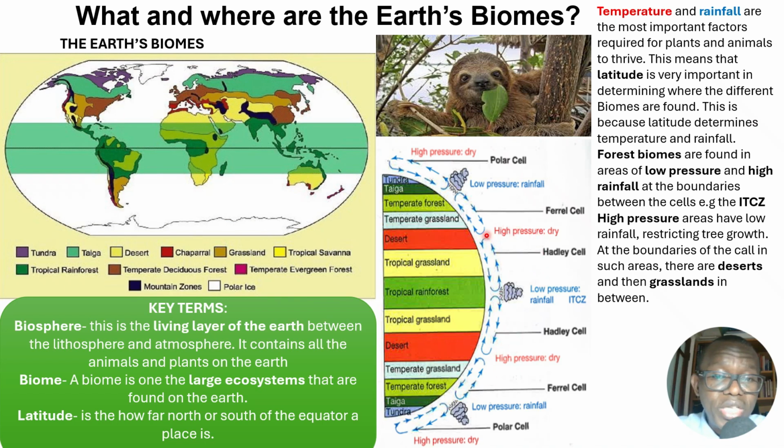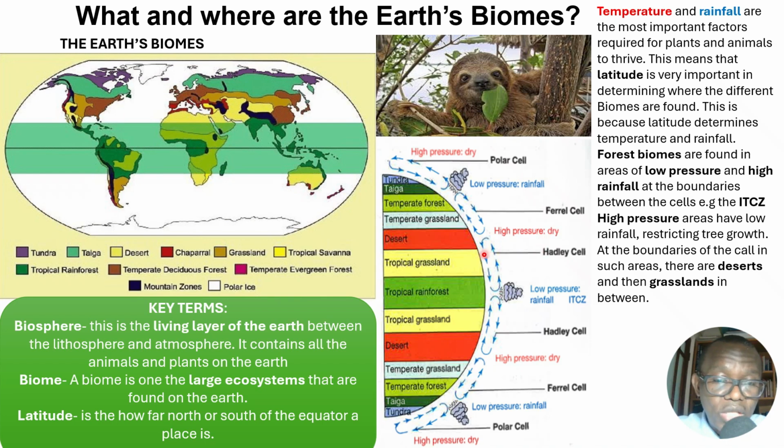That's because it's a high pressure area, as you can see here, because the air here is sinking. And the sinking air obviously is not going to yield any cloud formation and therefore no rainfall. And so it's very dry, and those dry conditions are not suitable for a forest to thrive.